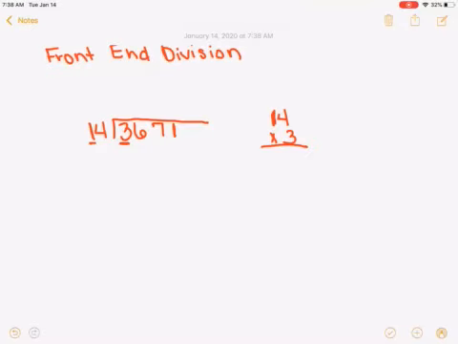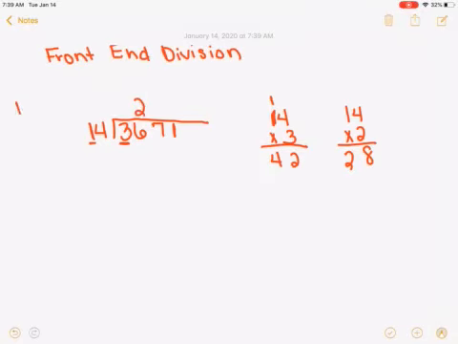Okay, so 4 times 3 is 12, carry my 1. 3 times 1 is 3, plus 1, which is 4. So 14 times 3 is 42, too big. So now we've got to go to 14 times 2. So 4 times 2 is 8. 1 times 2 is 2. So that's the closest that we have without going over. So we put our 2 over the 6.